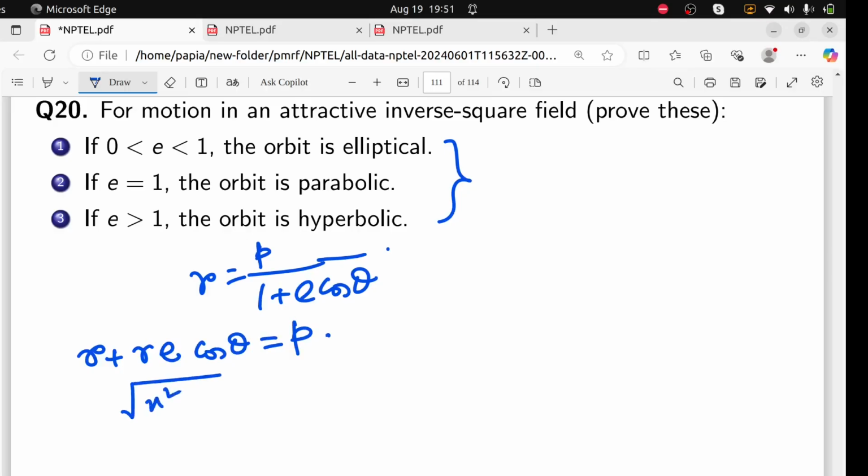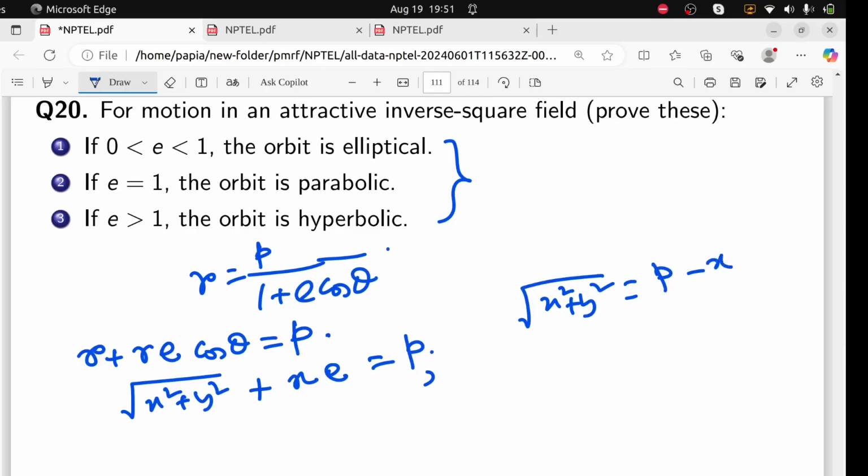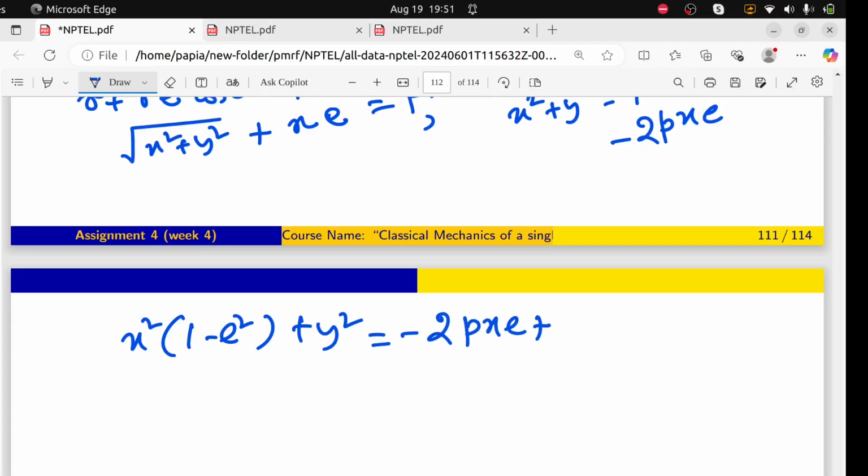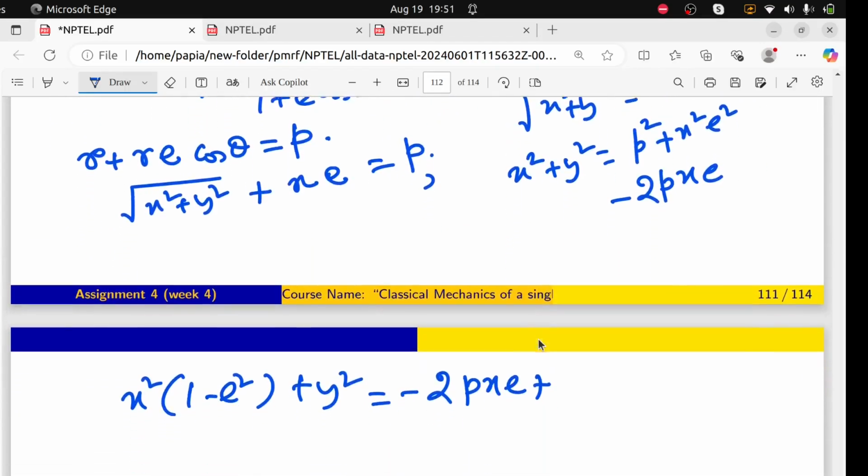So it was like root over x square plus y square plus xe equals p. So root over x square plus y square will be p minus xe. Then x square plus y square is p square plus x square e square minus 2pxe. So if I do that, x square into 1 minus e square plus y square equals minus 2pxe plus p square.